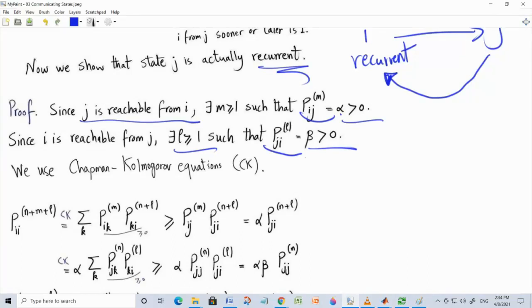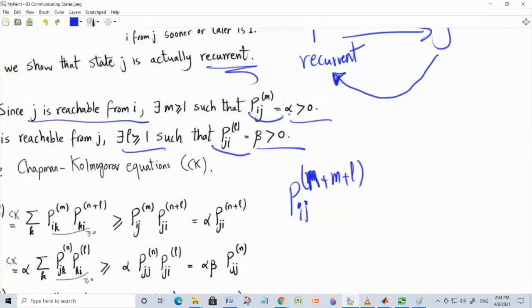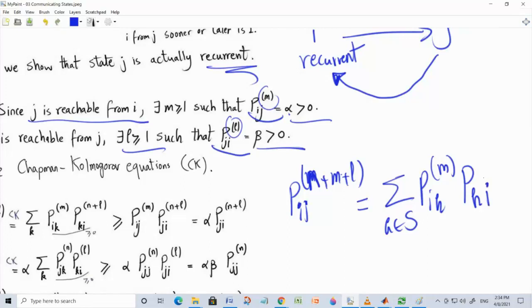Now let's apply the Chapman-Kolmogorov equations. What is Pii of n plus m plus l? Again, M and L are those guys here. This is a summation over K in S of PIK in M steps, and then PKI in N plus L steps.